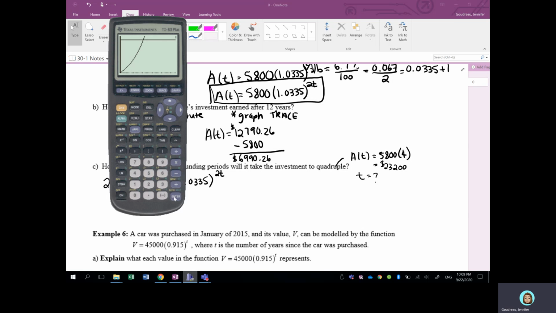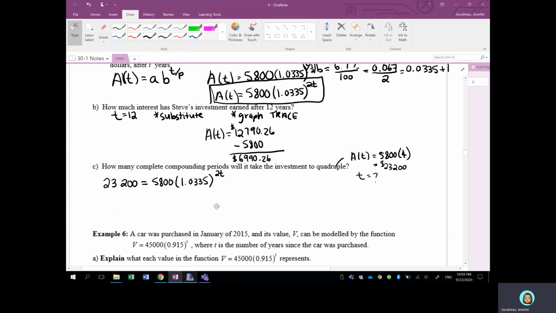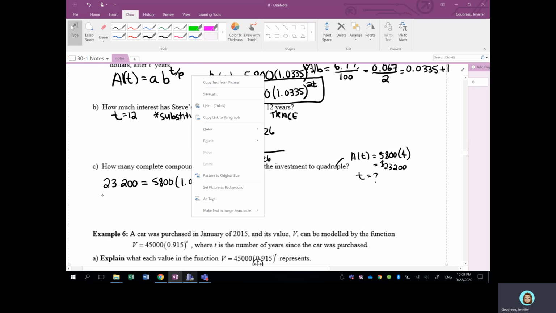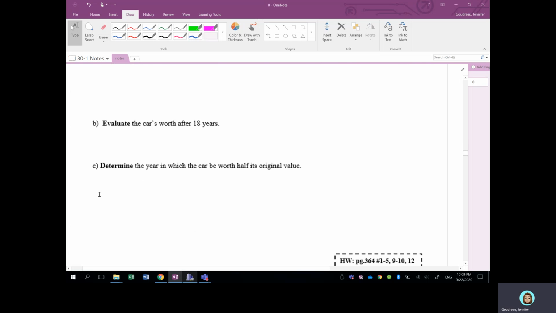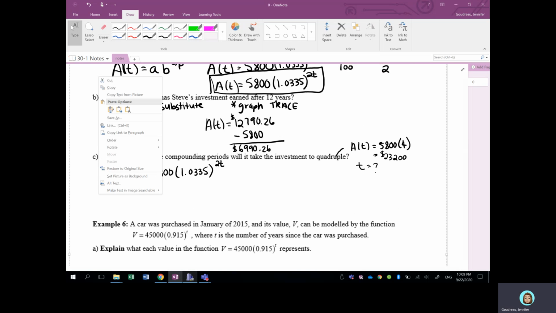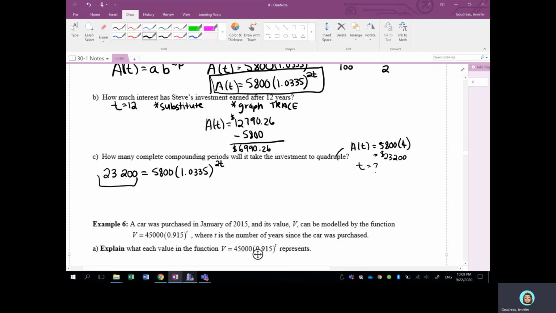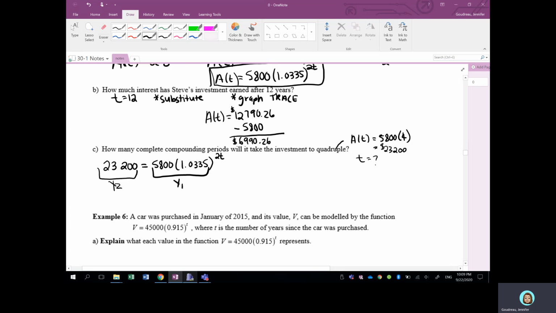We just need the x value. So the x value given is 21. So we should maybe just indicate here that we put this side into y2, we put this side into y1, and we found the intersection.